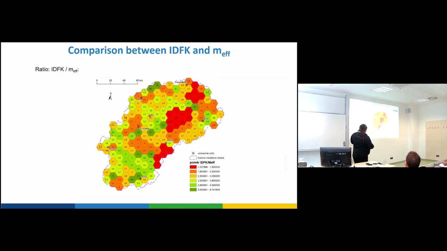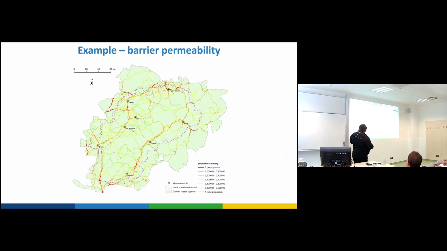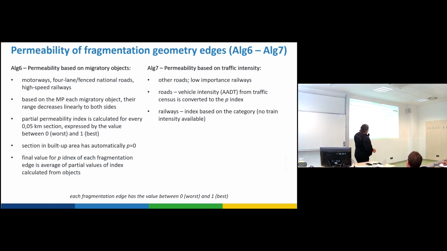Okay, thank you. It's a good question. I return to my workflow, to this part when we decided whether to use the migration objects or intensity on the roads. Here we can add another palette point with waterways, but we didn't because there are almost no waterways in Czech Republic.